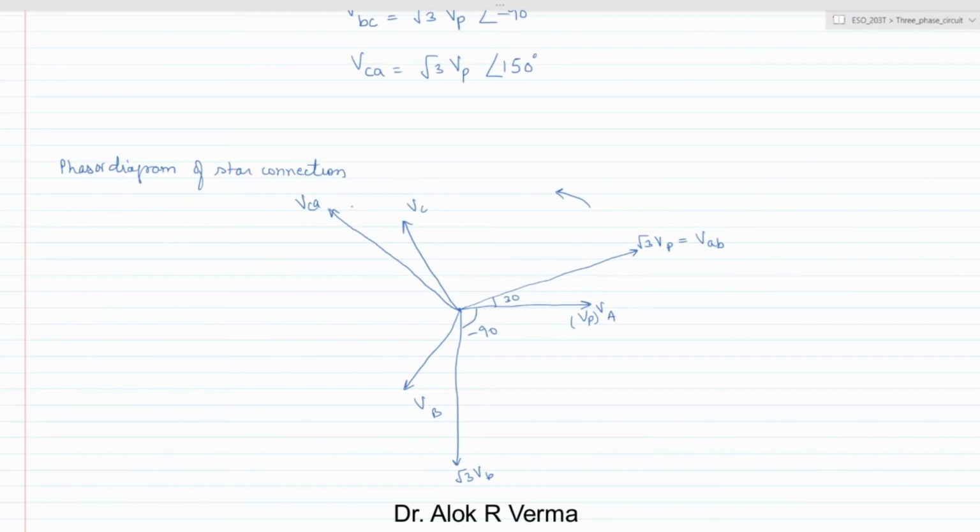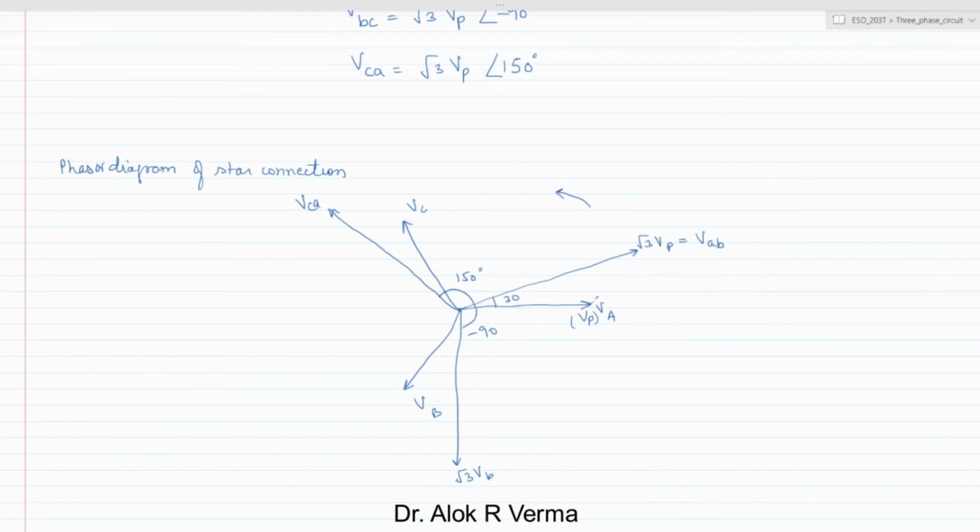VCA is at an angle of 150 degrees. If you see this phasor diagram clearly, this is basically the negative of VB.